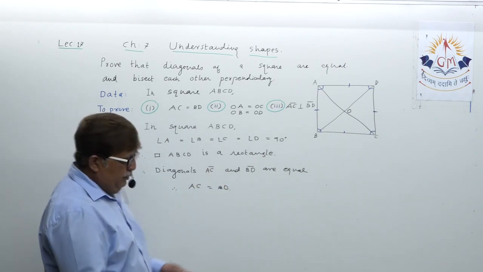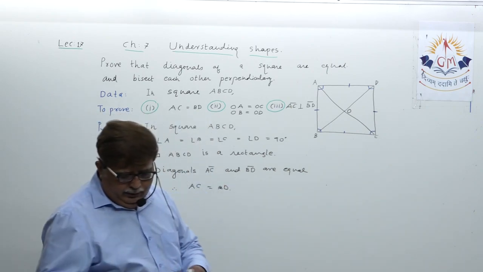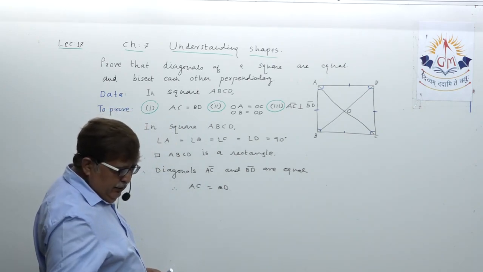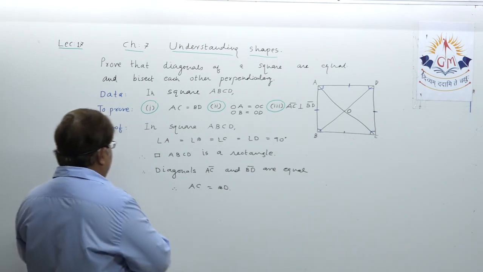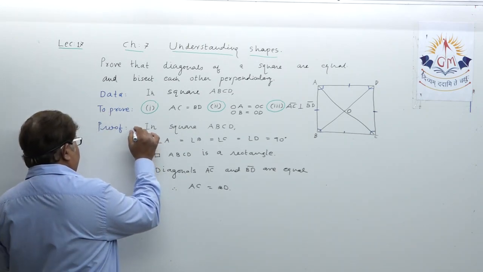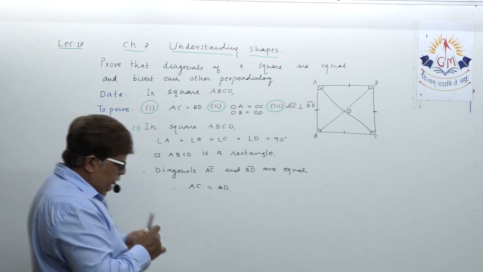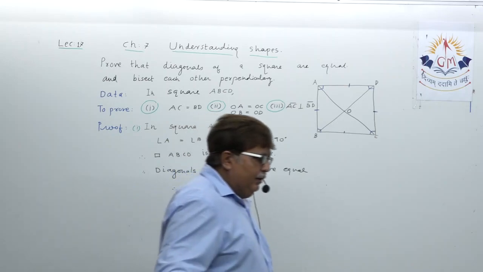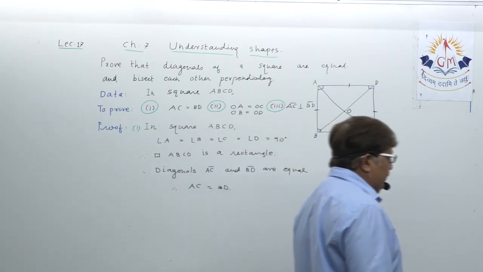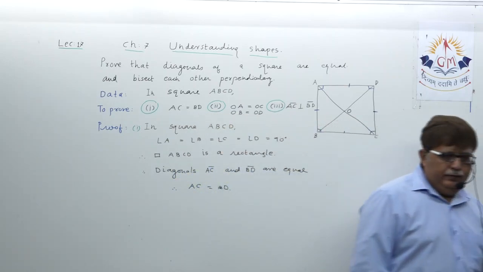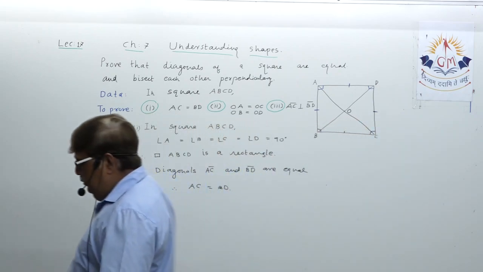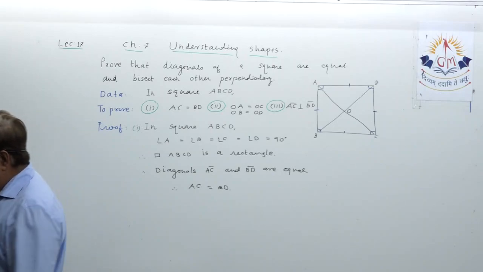First fact has already been proved in this way. Okay, first you understand this. This is the first fact proved by us, that diagonals of a square are equal. First you verify this fact. Then we can move to the second one. Okay. First you need to verify this.